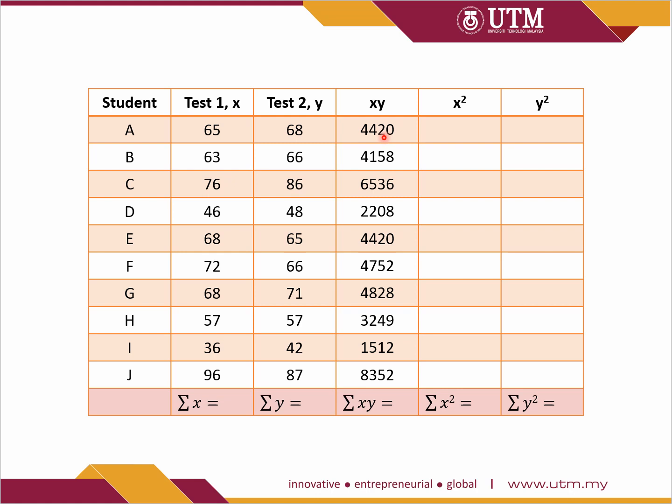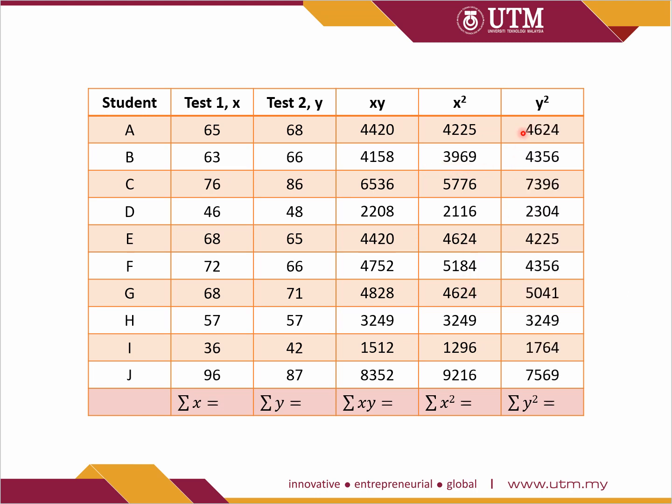So xy is given as the multiplication of x and y. So 65 times 68, we get 4,420. And then next, we find the value of x square, which is 65 square, 63 square, and we get 3969, and so on.